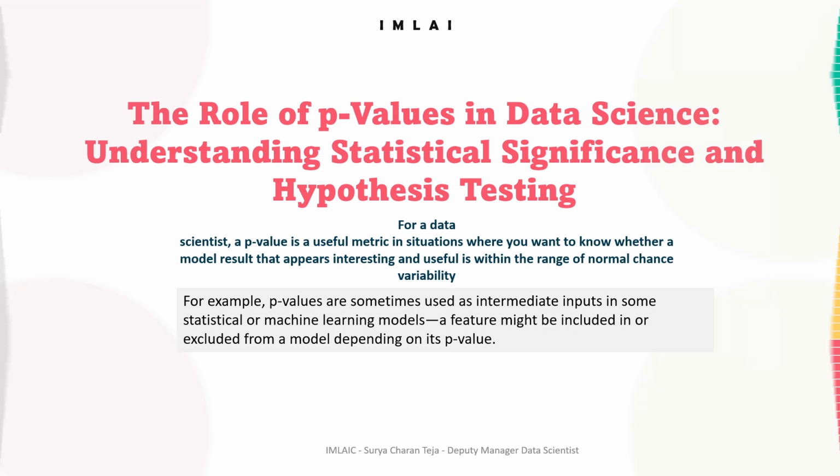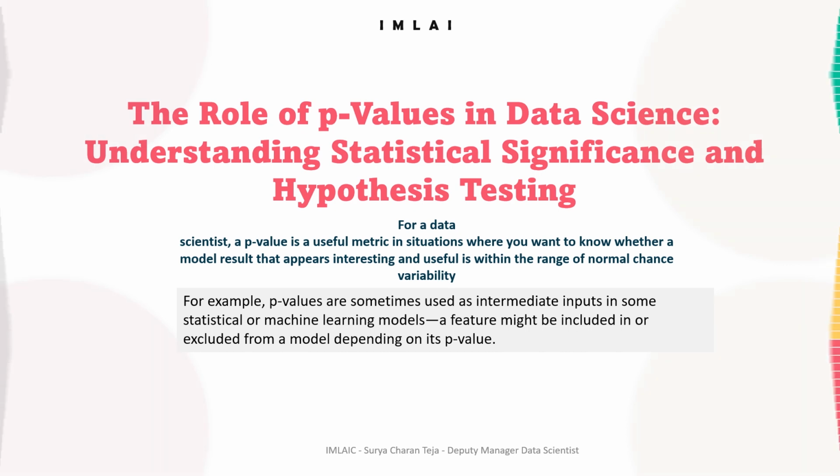This means that p-values can help data scientists assess the statistical significance of their findings and determine whether their models are providing meaningful insights or merely the results of chance.